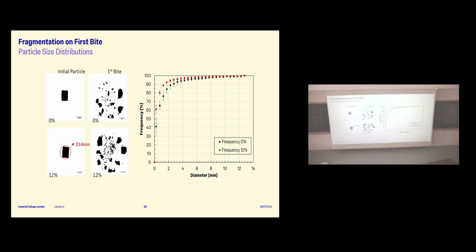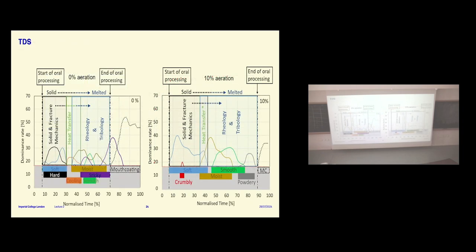Okay, so we got all this information. Let's see if we can try and explain this complicated thing. The first thing we're going to discuss is the softness, which is here, and hard. At 0%, there's hard. There's nothing here on hard. Nobody said that this 10% chocolate is hard.